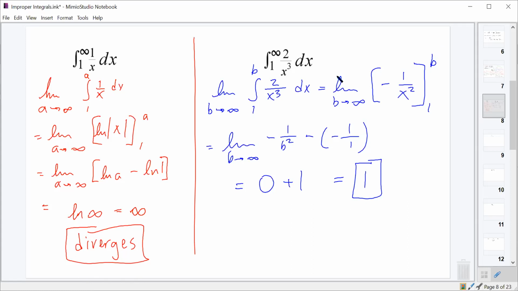Is it worth asking why, or is it just that's how it is? It's worth asking why, but it's not worth asking why right now. We will prove this, at least for these, which are called p-series functions, and we're going to talk about these when we talk about series. I would say in 2 or 3 weeks, but really it'll be in like 10 weeks.